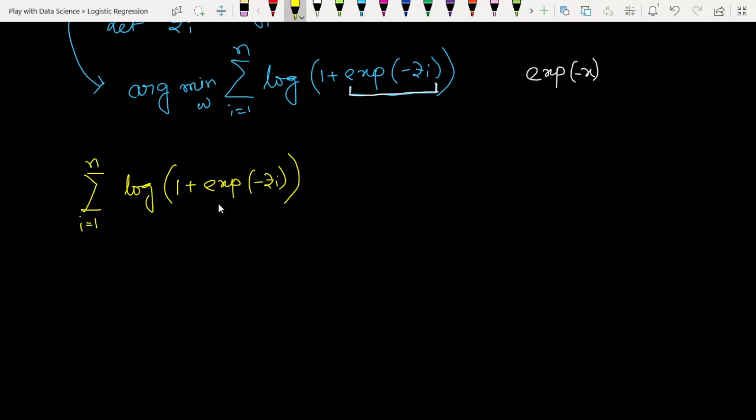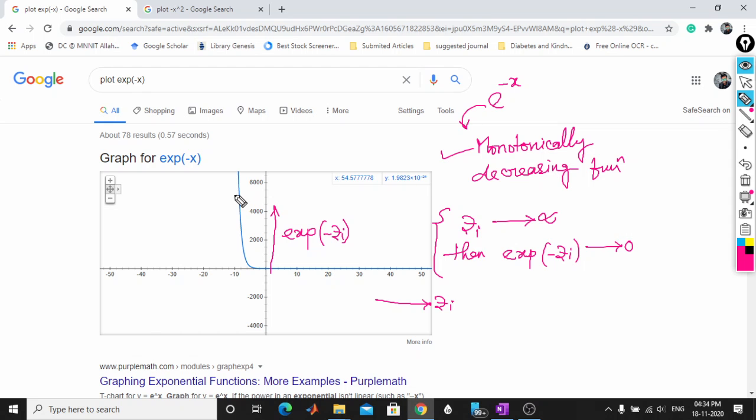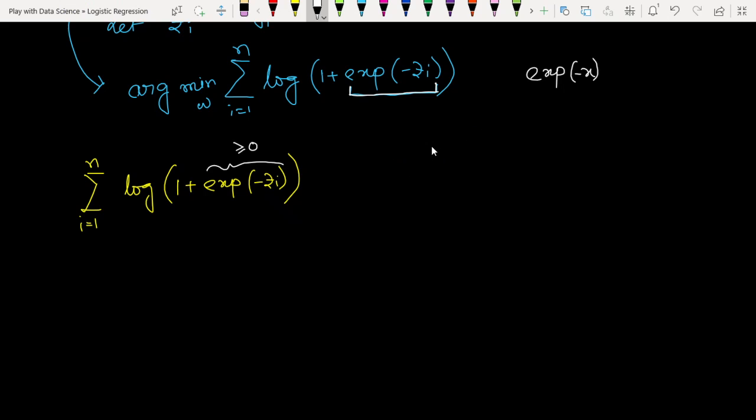You see, this functional value is always greater than 0. Just see the graph, then you can see. In every domain of this region, this value is always greater than 0.